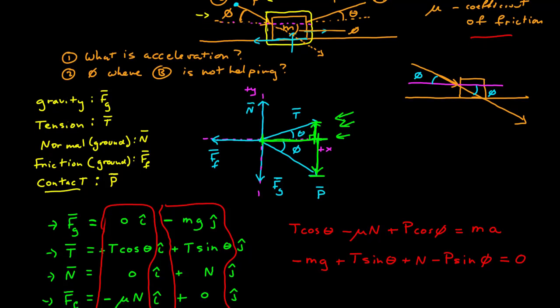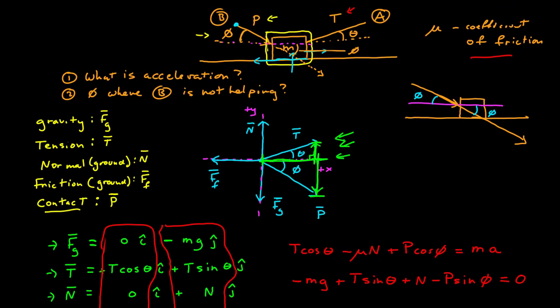Many people may be used to being given numbers, and so some students will look at that and say, well, I don't know what T and P are because it's just T and P. But in this case, the problem is assuming that we know those, but we're not given explicit numbers. We want to solve for our unknowns in terms of the generic forms of those forces.